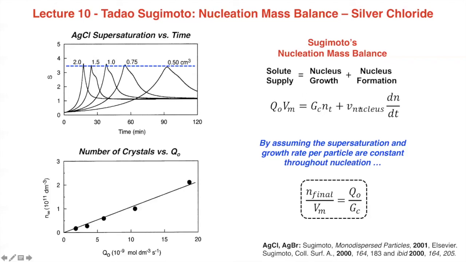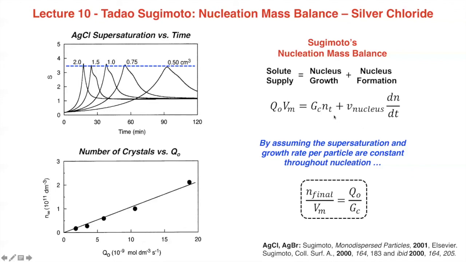And the sum of those two quantities was then equal to the solute supply. So here's our Q naught again, or the rate of solute generation, this time multiplied by molar volume. So this equation's units are actually expressed in terms of volume of material.